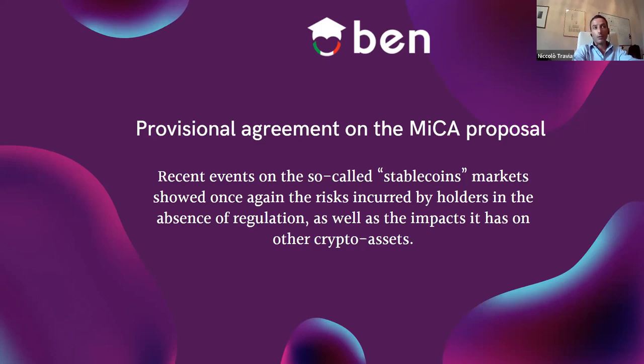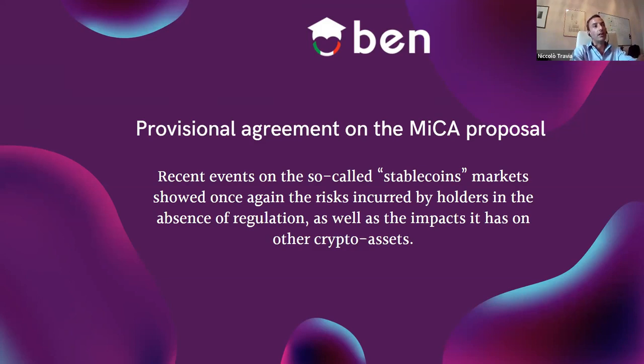One interesting thing to notice is that the first input on legislation at the European level on stablecoins and crypto assets in general was due to the fact that Facebook announced its project Libra, then called Diem, and then aborted eventually because of the legislation that was starting to be adopted in every state in the world to try and avoid this type of product being issued in the market without regulation.